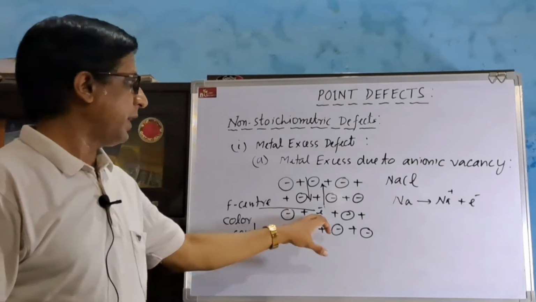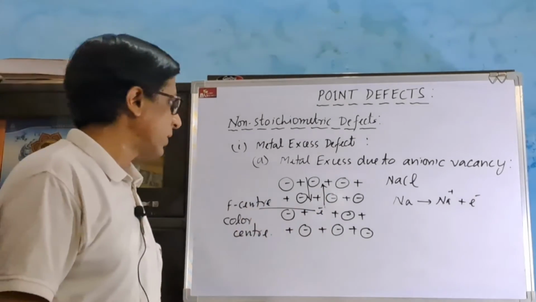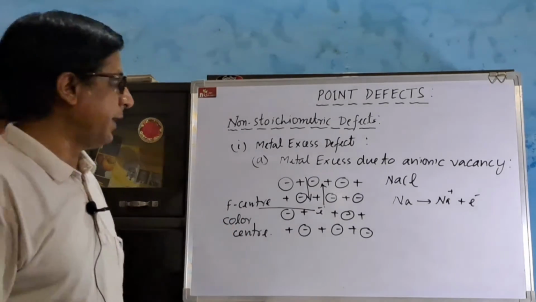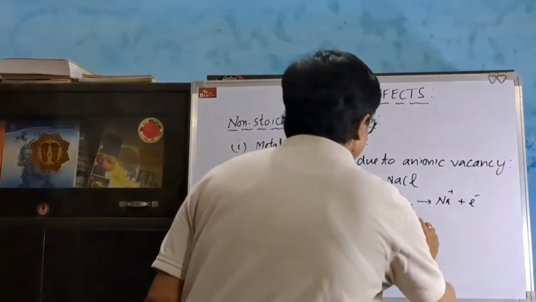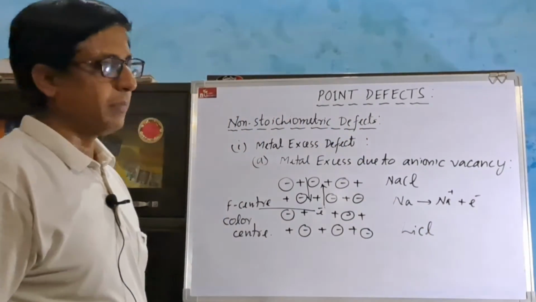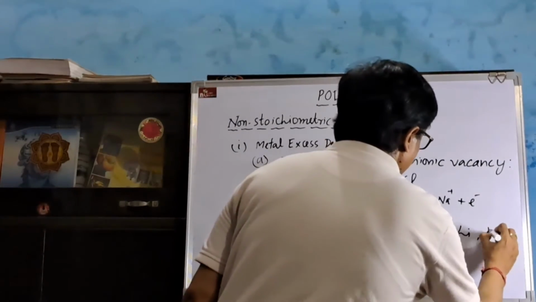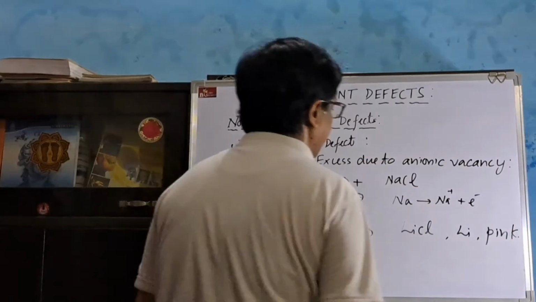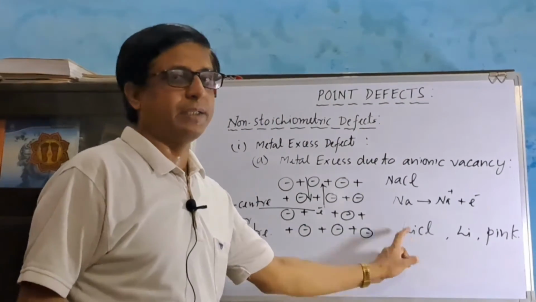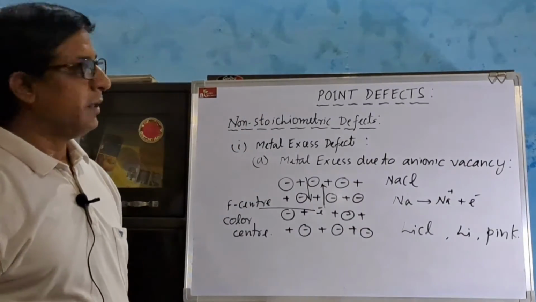Therefore, the color is due to the presence of these electrons, known as F centers or color centers. Similarly, if lithium chloride crystal is heated in the presence of vapors of lithium, it turns pink.